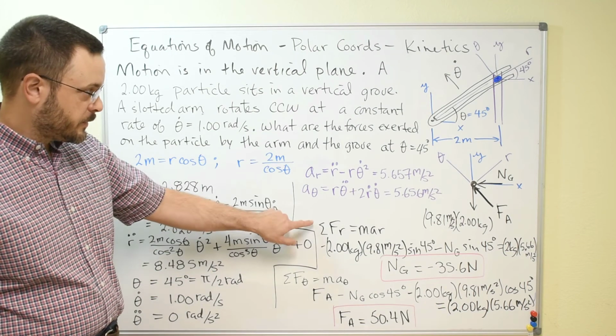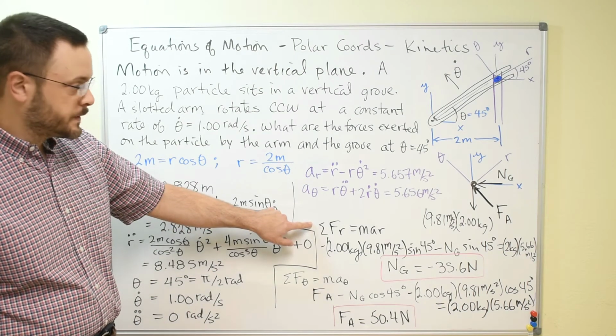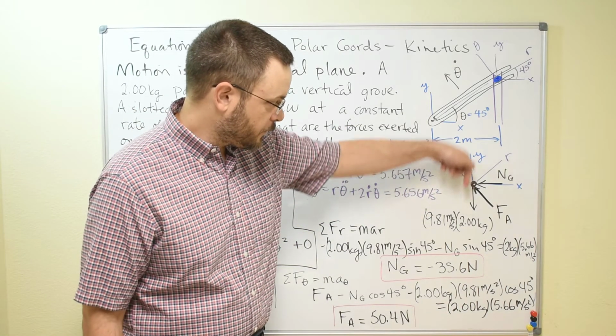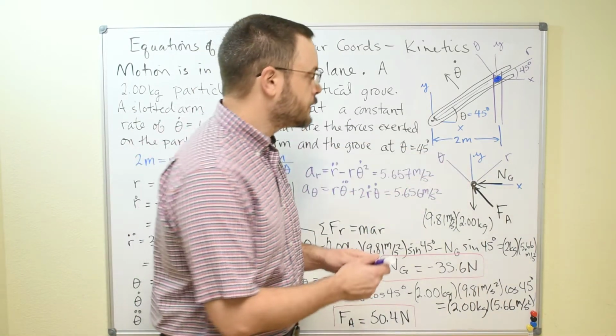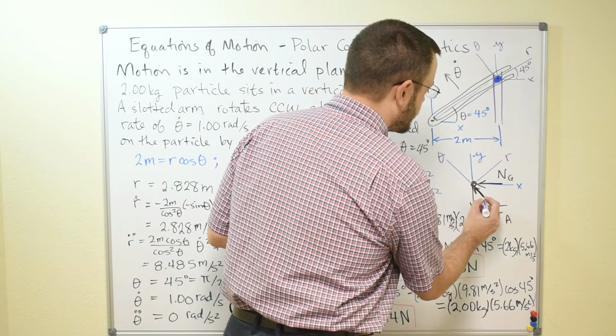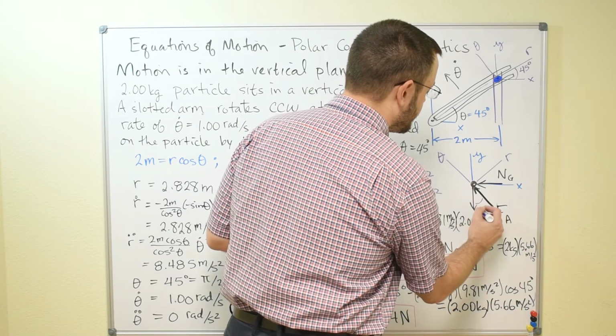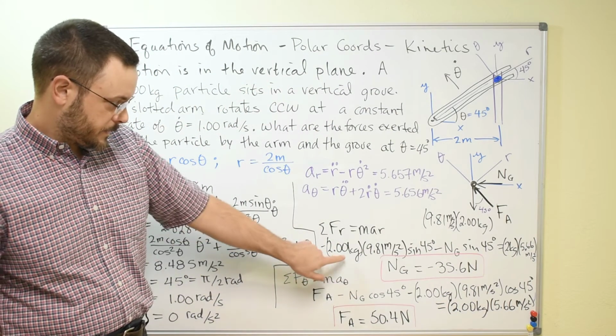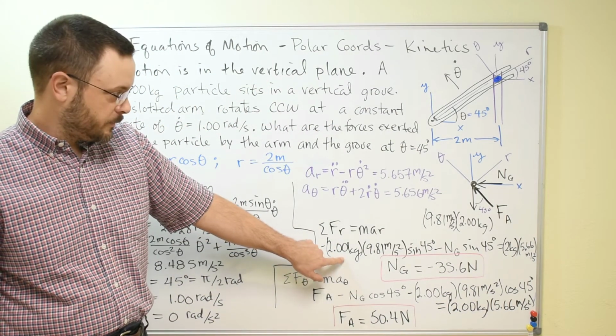Then we can do our sum of forces. So I started with sum of forces in the r direction. So we're going to have the 45, oops, sorry. Let's draw in that angle of 45 there to the theta direction. So that'll give us the component of the weight.